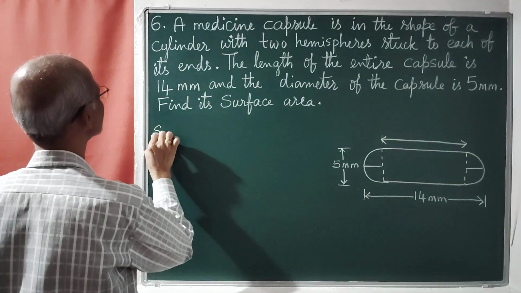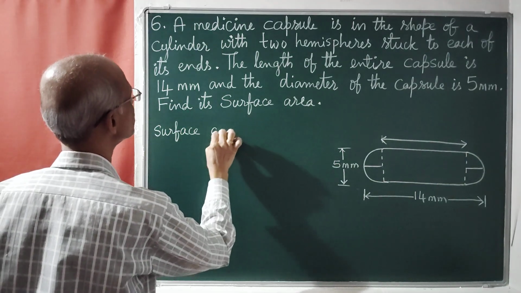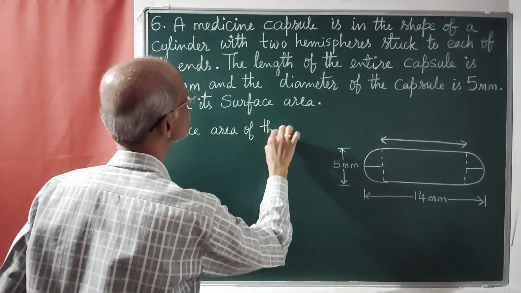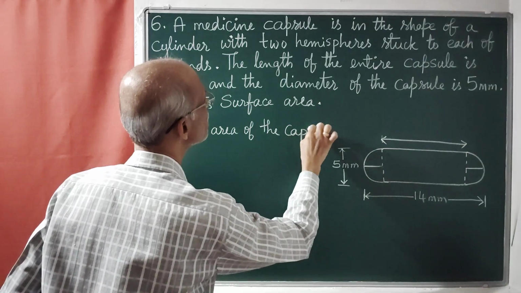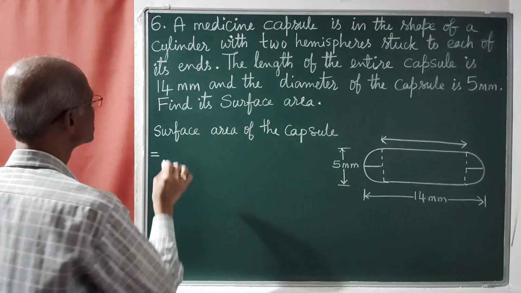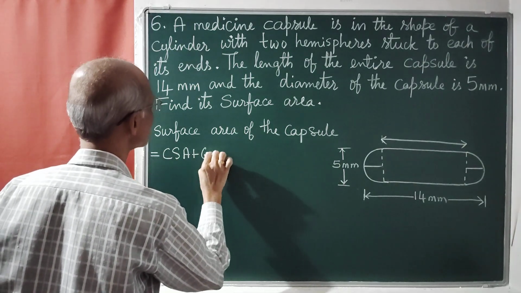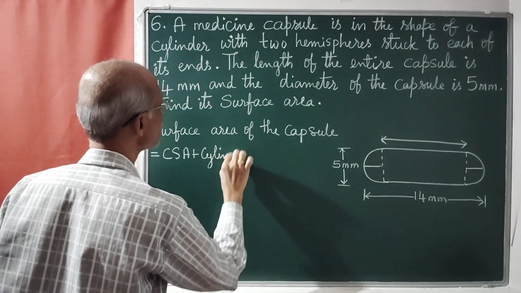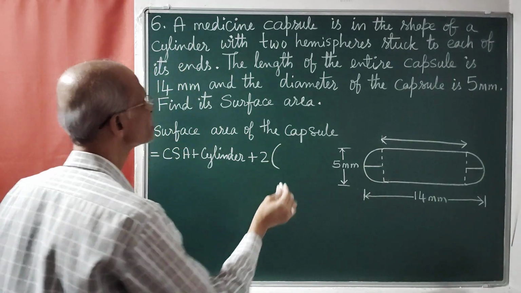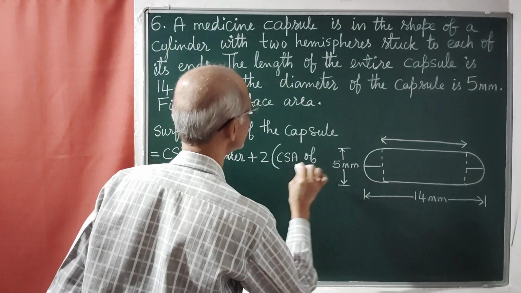Now, surface area of the capsule is equal to CSA of cylinder plus 2 into CSA of hemisphere.